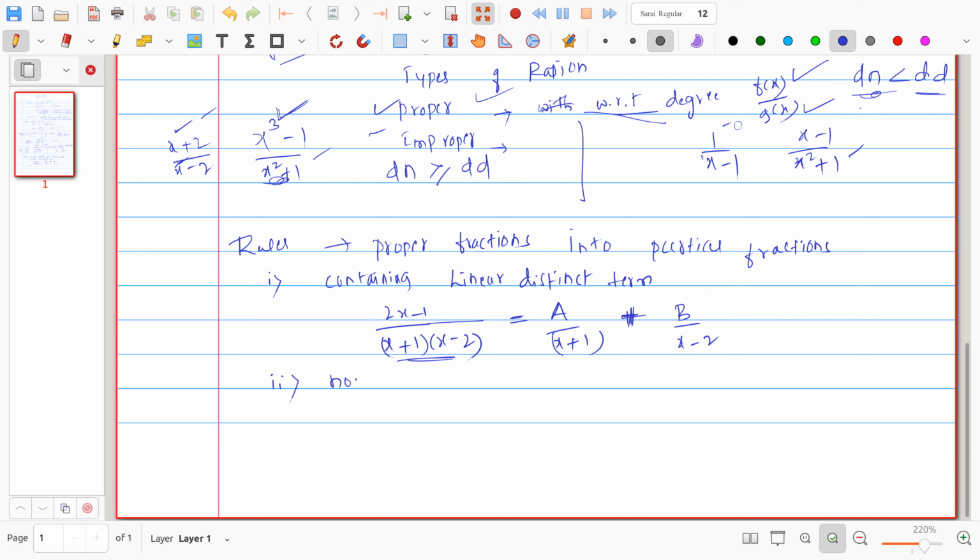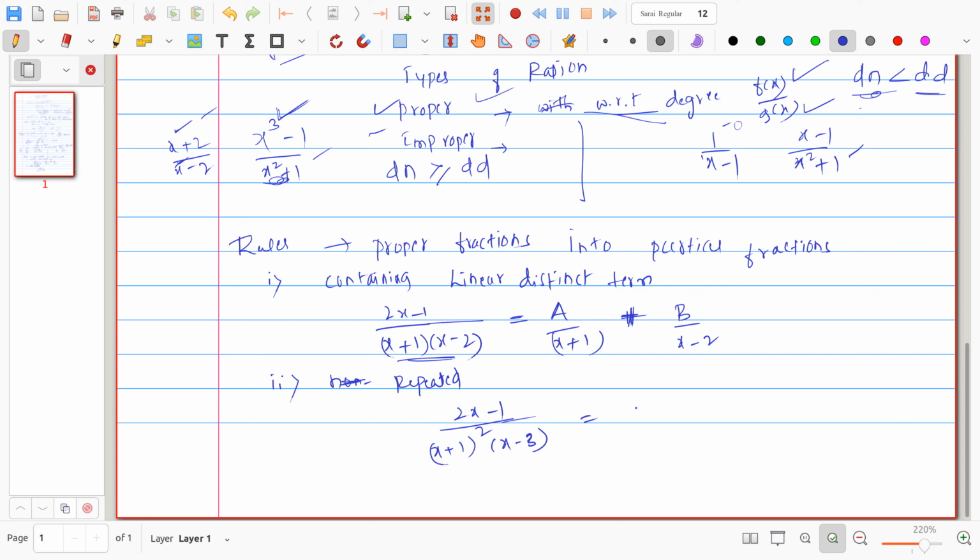And the second one is repeated linear terms. Repeated means what? Suppose I take one more example, 2x minus 1 divided by x plus 1 whole square times x minus 3. Here x plus 1 is repeated.